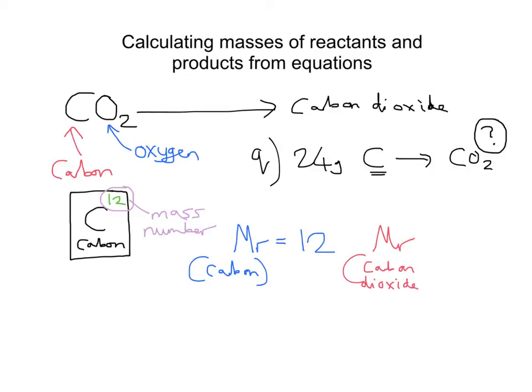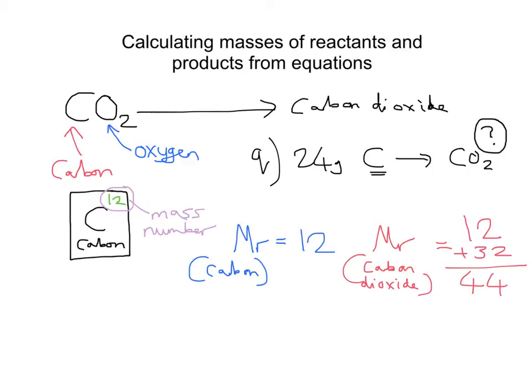What we need to do is take the relative atomic mass of carbon, which is 12, and add on the average mass numbers of the oxygens, and we've got two oxygens. If you look at the mass number on a periodic table for oxygen, it comes out at 16, so two of those would be 32. So we need to add 32 to the 12, and that comes out as 44.